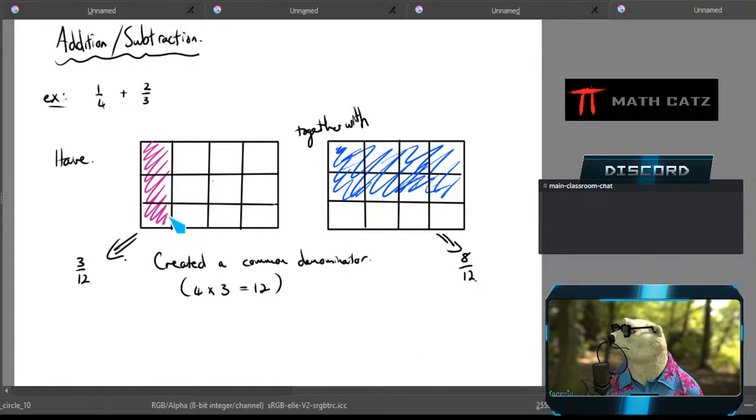And even though on the intuitive level I then did an integer addition, I just dropped the 12 and said 8 plus 3. So what we really did here was the shortcut just in visual form. We just didn't write it over a common denominator because visually it was done for us. Then we said 3 plus 8 is 11.